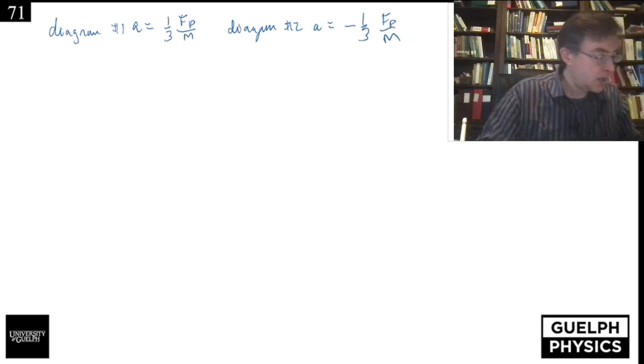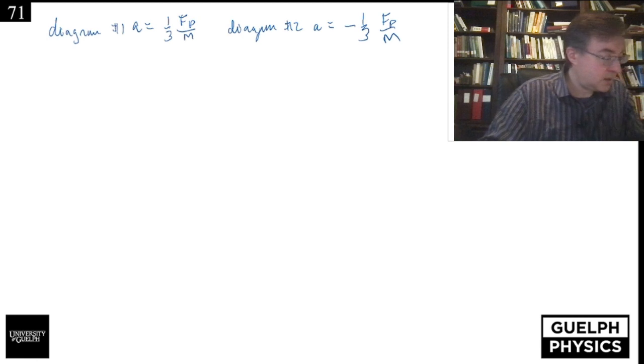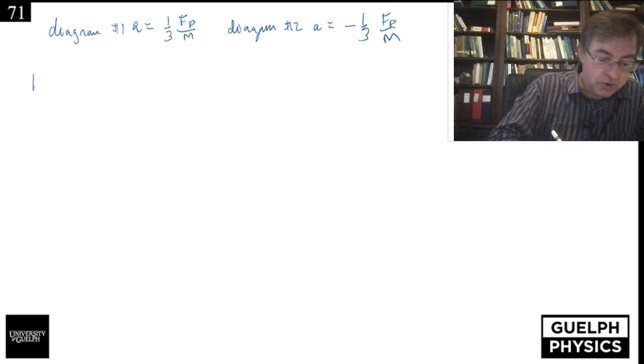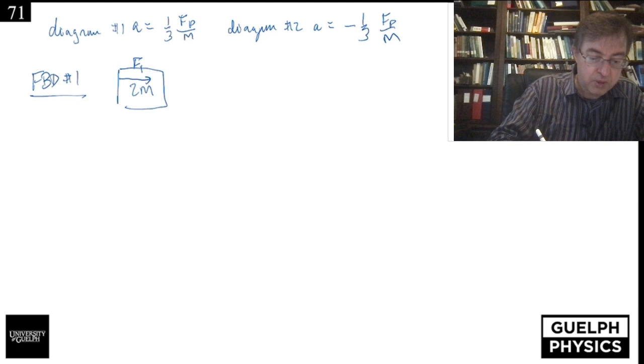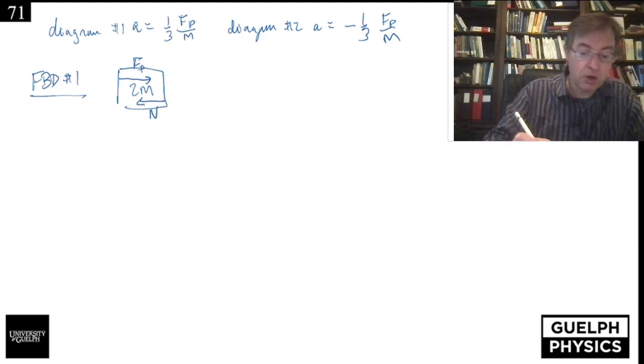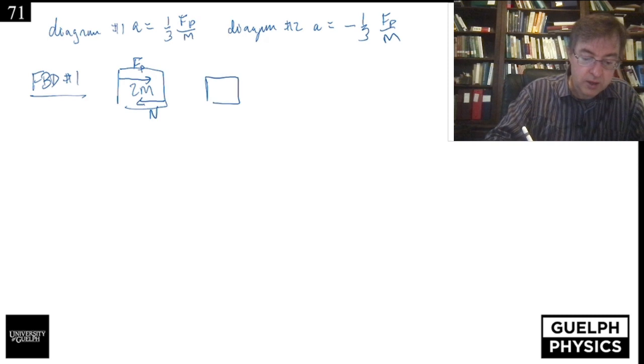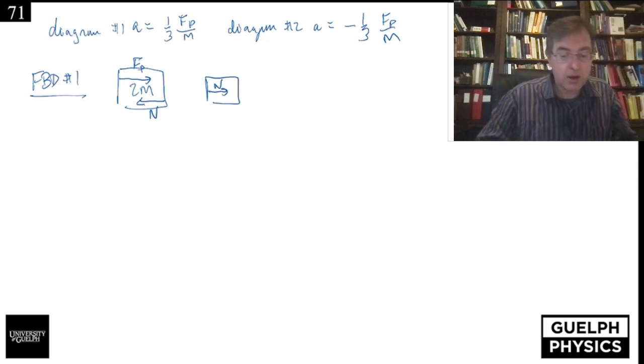Let's draw the free body diagram for situation number 1. I have big mass 2m. It's acted on in situation number 1 by Fp. It has a normal force acting on it coming from the small block, and the small block has only the normal force action-reaction pair acting on it.